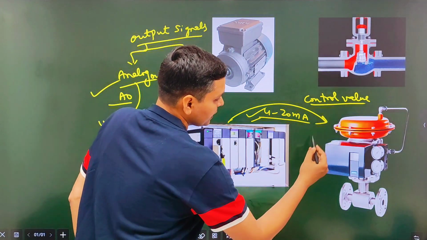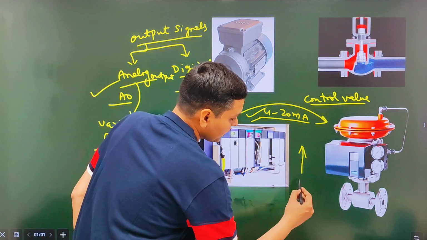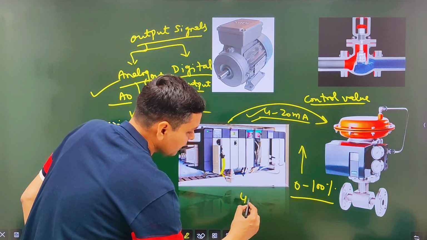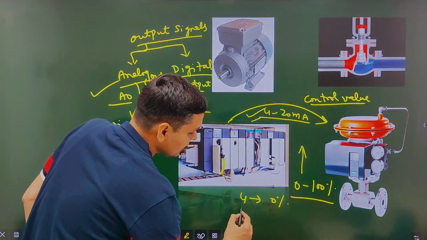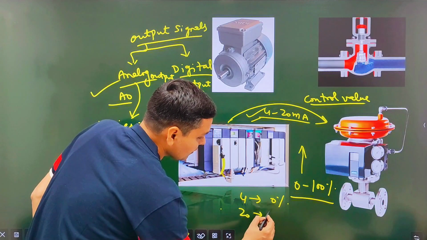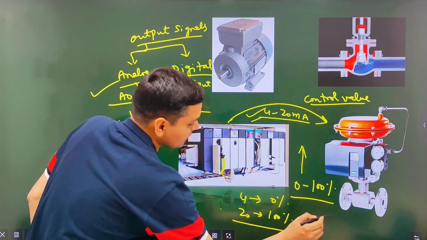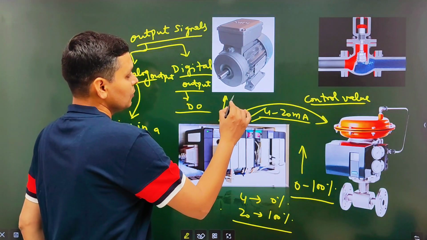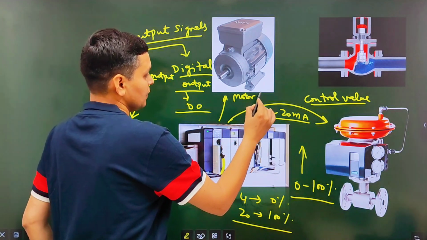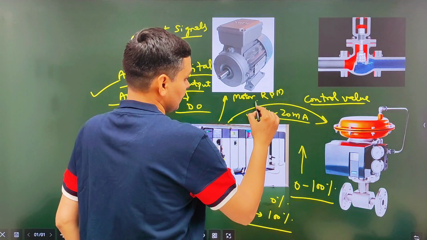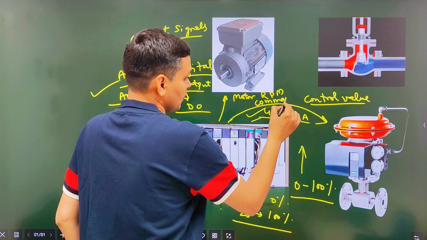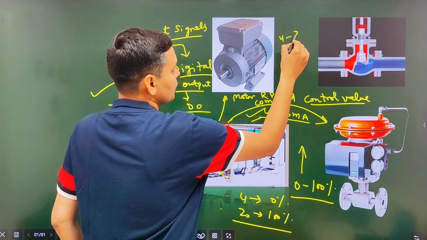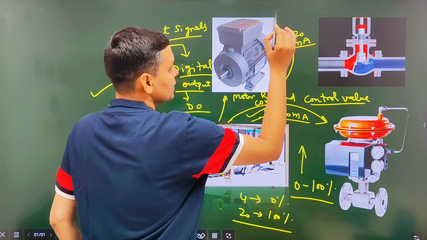Now according to the 4 to 20 milliampere signal, the control valve will operate 0 to 100%. At 4 milliampere, the control valve will operate 0%. At 20 milliampere, the control valve will operate 100%. Similarly, if we talk about the motor RPM command, this command will also be a 4 to 20 milliampere signal.